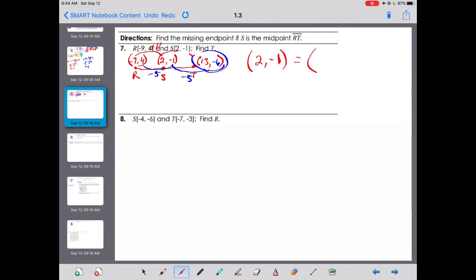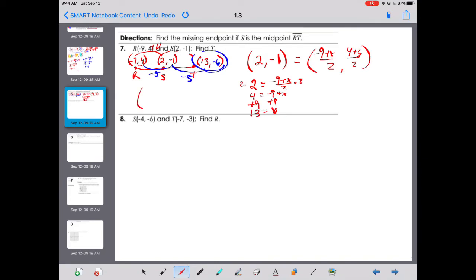2, negative 1 is supposed to equal, let's see, negative 9 plus x and 4 plus y. So 2 equals negative 9 plus x over 2, multiplied by 2. 4 equals negative 9 plus x, add 9.